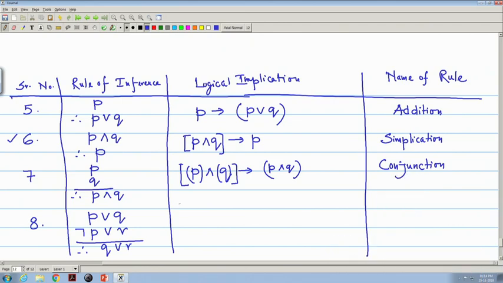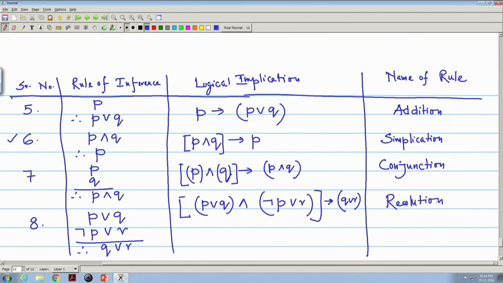So, the logical implication I can write: P or Q and negation P or R implies Q or R, and this is called the resolution.